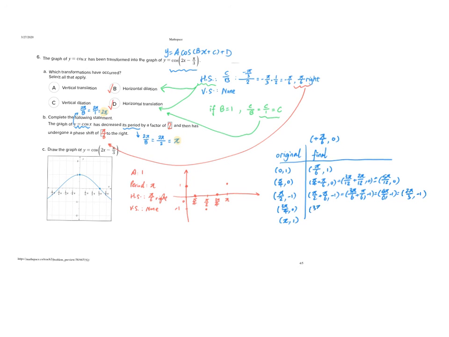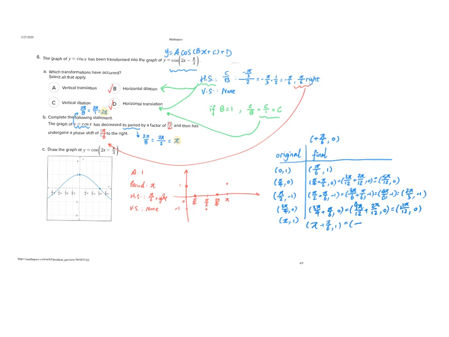Next point, 3 pi over 4 plus pi over 6 and 0. The least common denominator is 12. 4 times 3 is 12, so 9 pi on the top plus 2 pi, and the 0, which gives you 11 pi over 12 and 0. Last point, pi plus pi over 6 and 1.